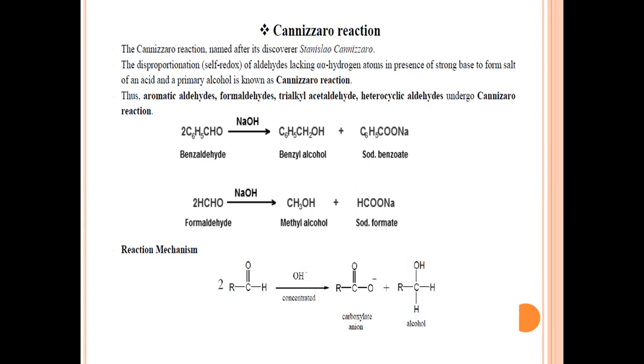So this is also known as the Cannizzaro reaction. So when two molecules of aldehyde react in the presence of base, they are going to form the carboxylate ion plus alcohol, and this carboxylate ion will react with the positively charged sodium ion. They are going to form the salt of its acid.